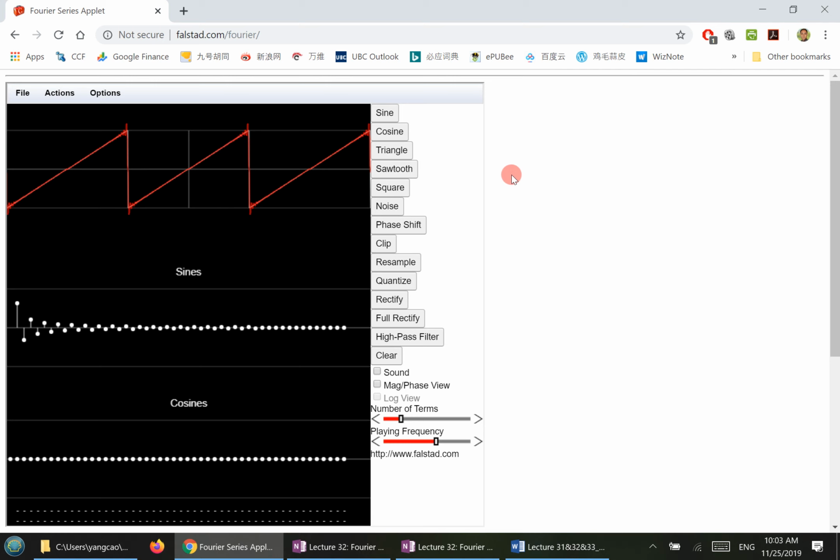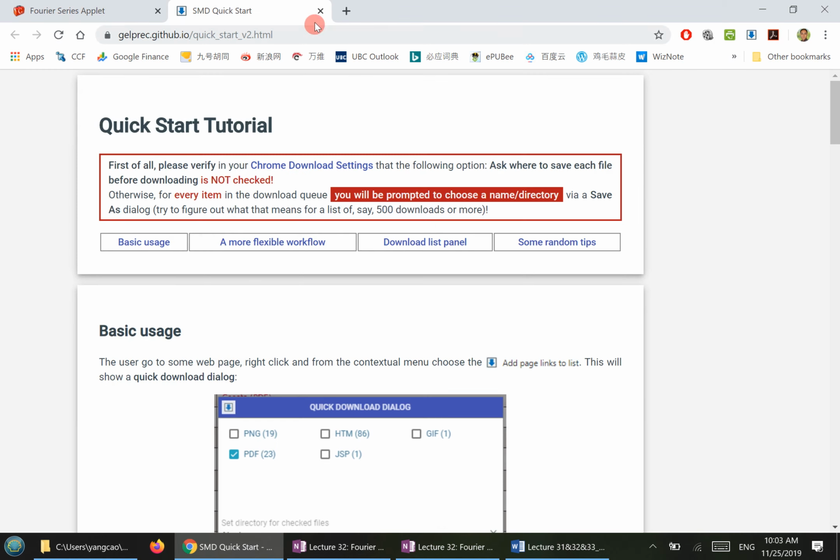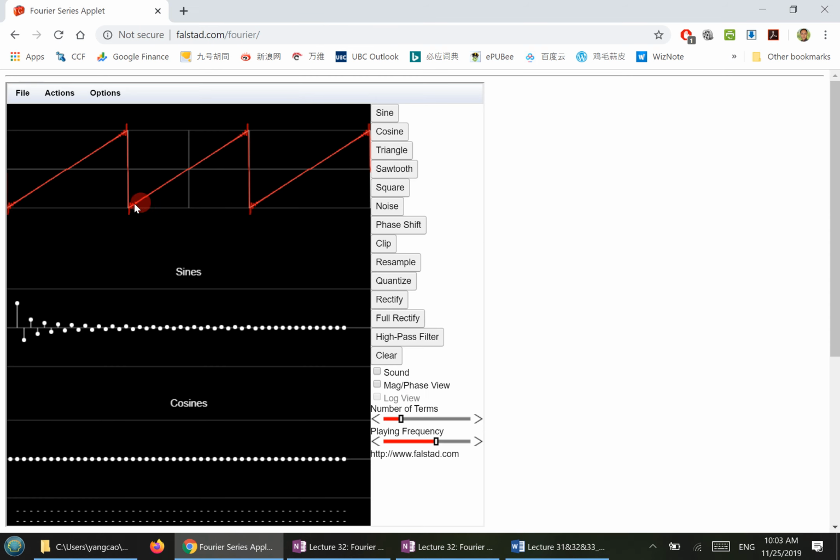So this website actually shows you Fourier decomposition for different types of functions. For example, you have a ramp function here, we call the sawtooth function. You can also decompose this sawtooth periodic function using Fourier.